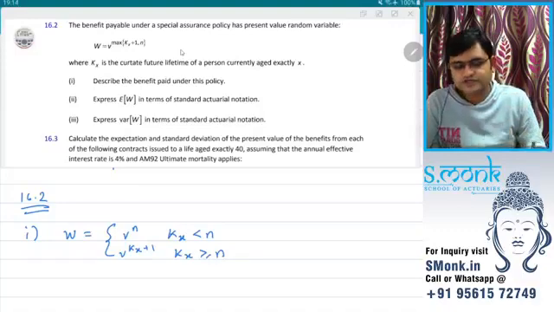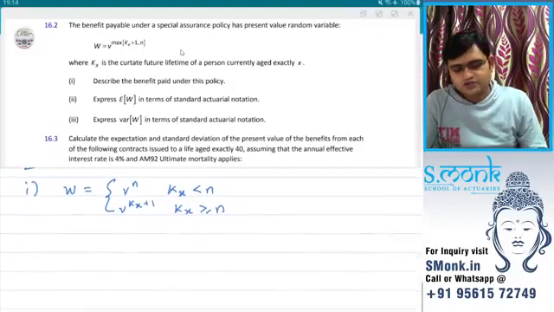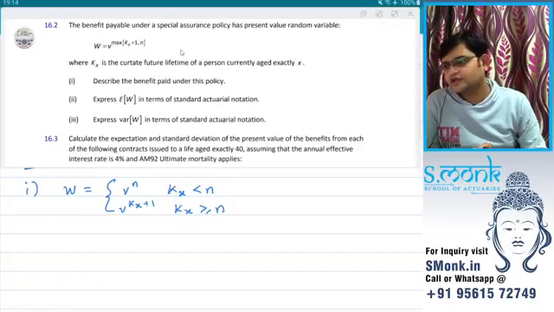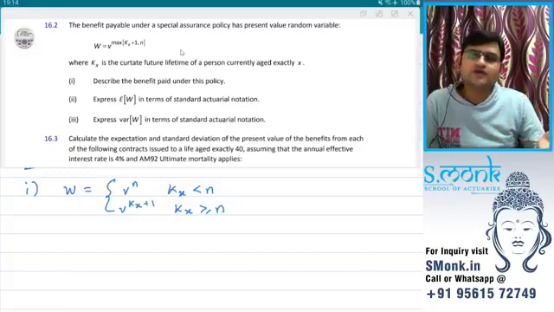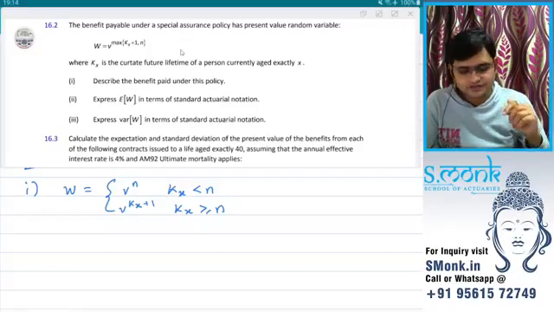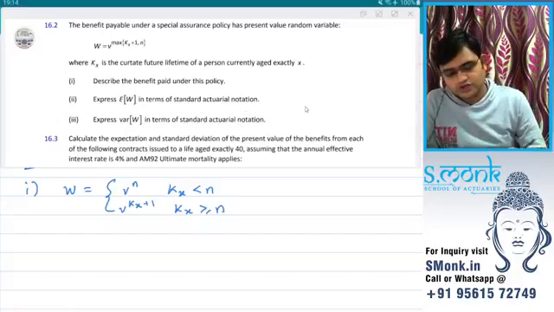Whichever is maximum, that is what the payment is supposed to be. So the description becomes, the payment of 1 is given at time n if the death occurs before n years, and given at the end of the year of death if the death occurs after n years. Then express expected value EW in terms of the standard actuarial notations.